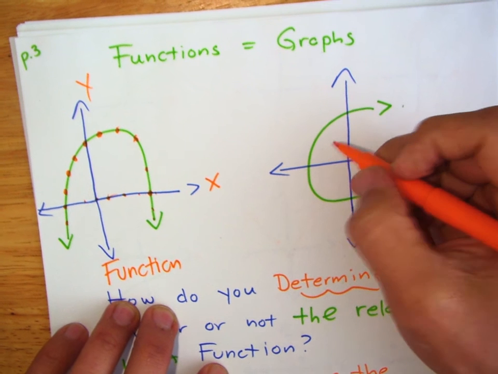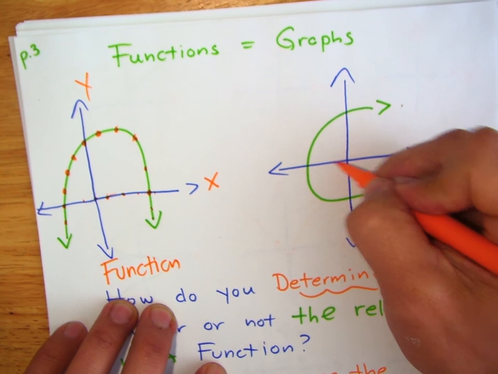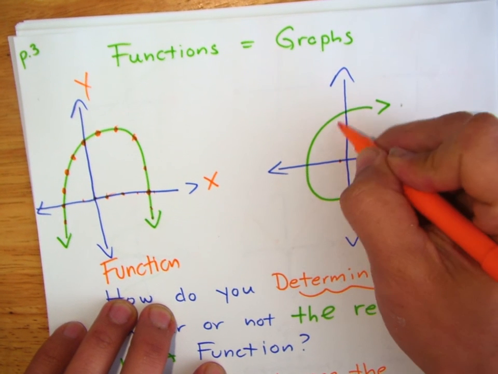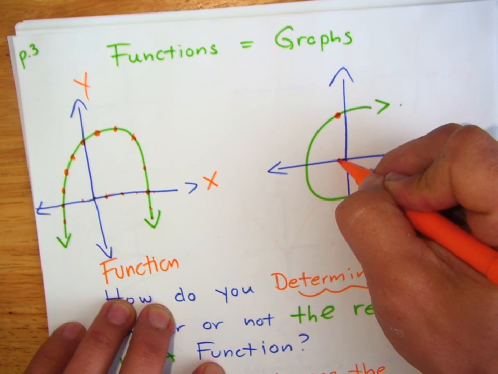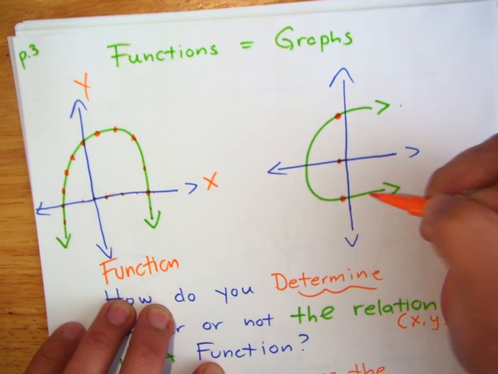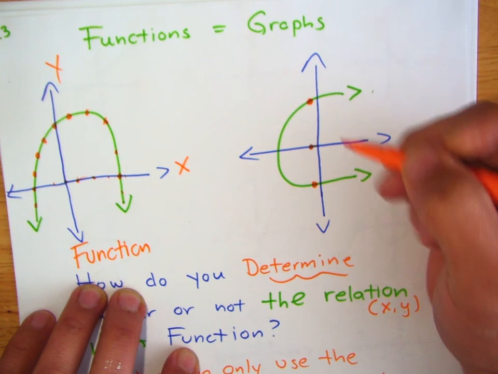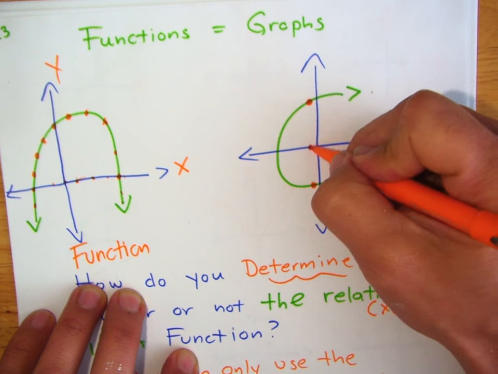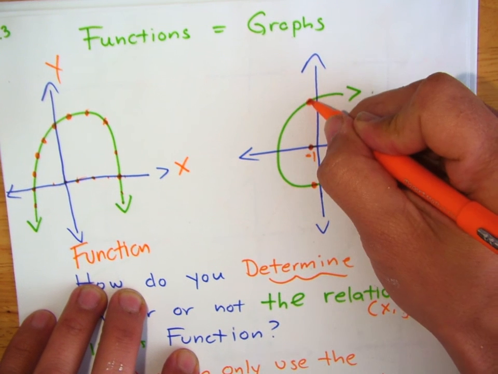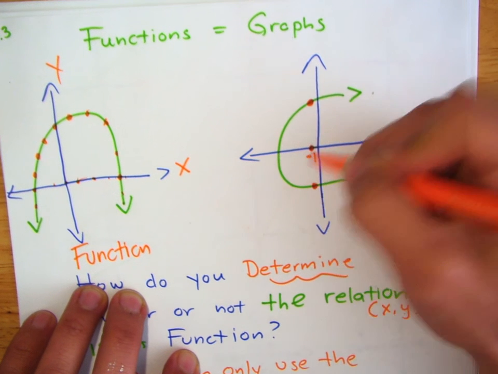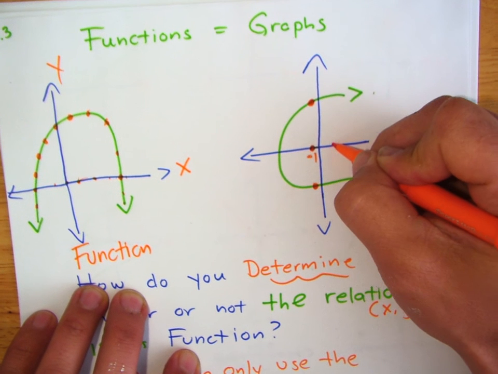So what about here? Well, let's see. If I use this x, I get this y. But if I use the same x, I get this y. Wait, that's no good. Let's say this x is negative 1. I used it to get this y, and I use it to get this y. So I used the x twice. How about here?